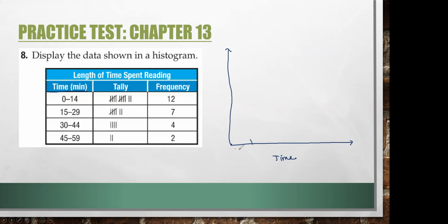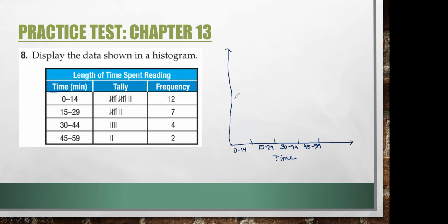So first interval is from 0 to 14. And then we've got from 15 to 29. And then 30 to 44. And then 45 to 59. Okay.